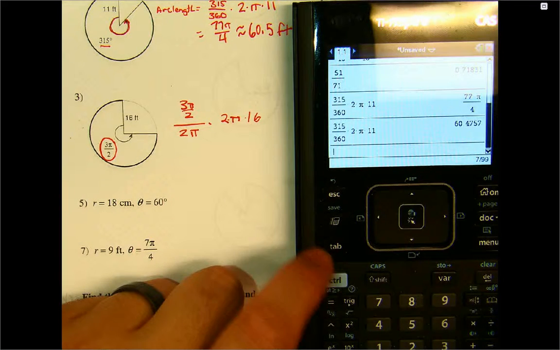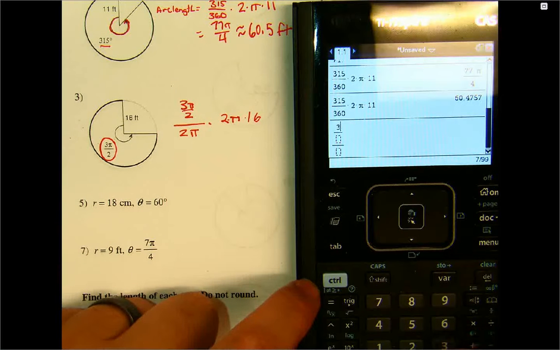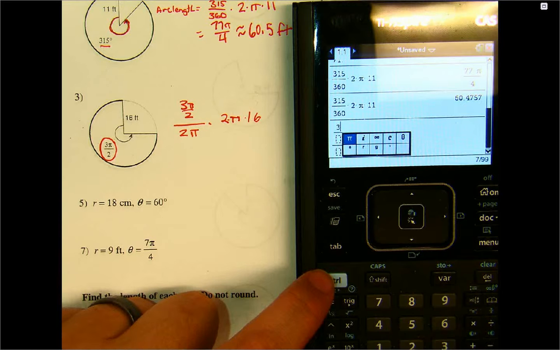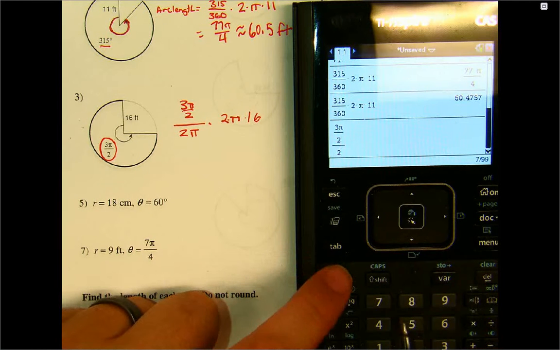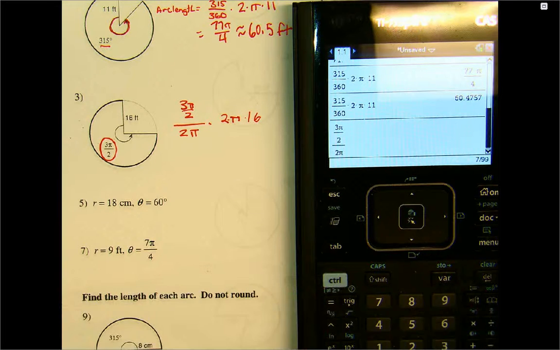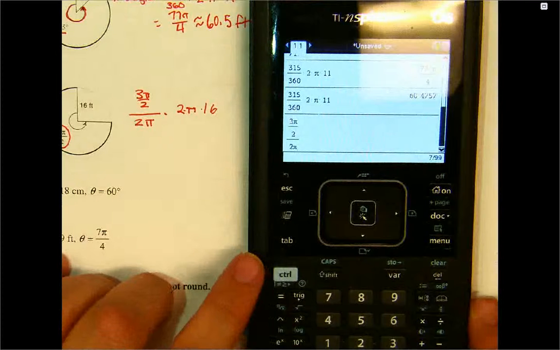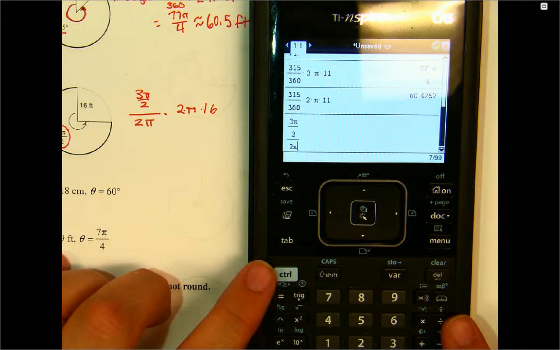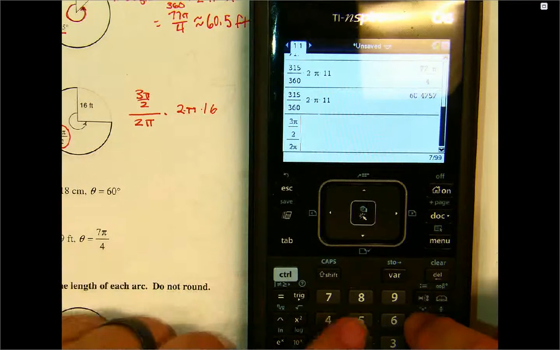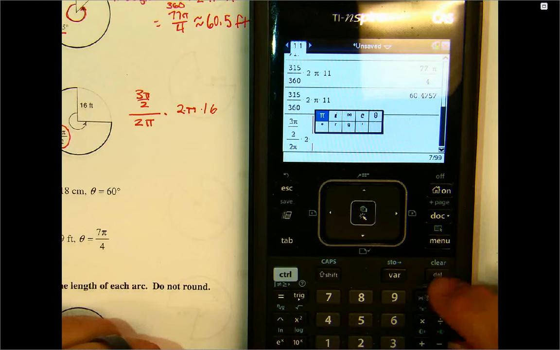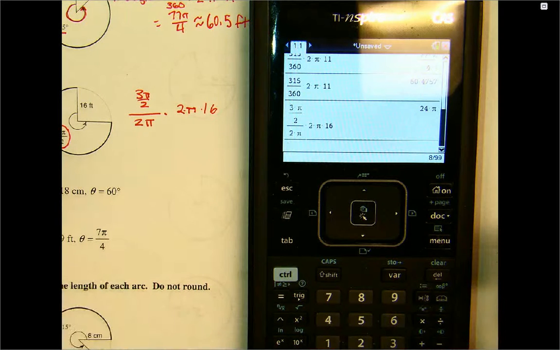The nice thing is you could just set up a fraction, and in the top part is another fraction. So it's 3 pi over 2, and in the bottom it's 2 pi. So you can set up a fraction by hitting control divide, and that'll give you a fraction, and then you can just set up the fraction exactly as you see it, and then just get out of the fraction, and then times 2 times pi times 16, and you get an answer of 24 pi.